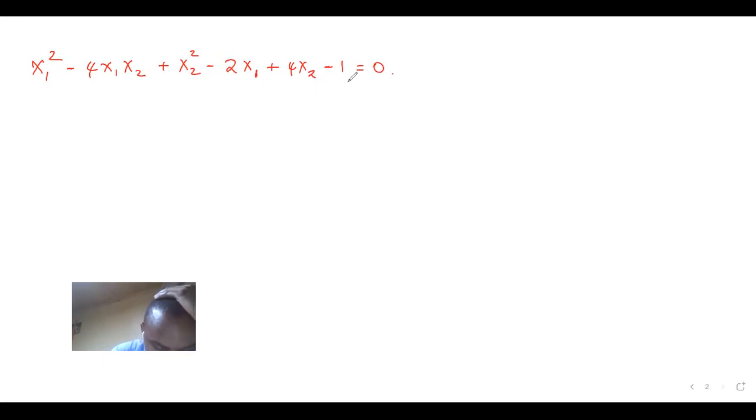So the first step, we write this as x1. So, solution.